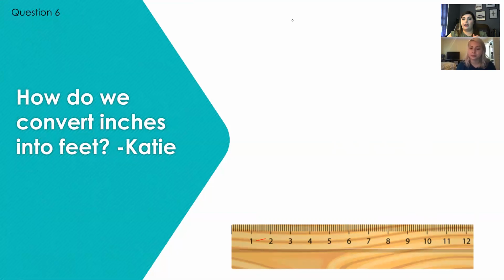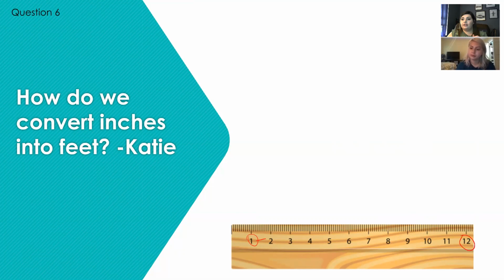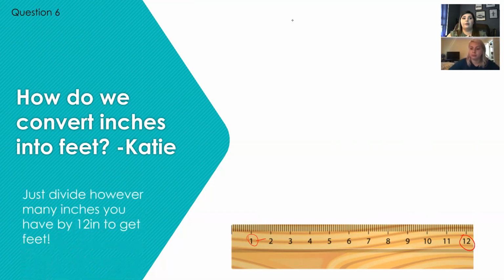Right here we have 1 all the way to 12, and these aren't actually inches, obviously, but that's okay. We have a snip of this ruler, so we know that there are 12 inches in 1 foot. To convert, we would just divide however many inches you have by 12, and that would be how many feet we're going to have.